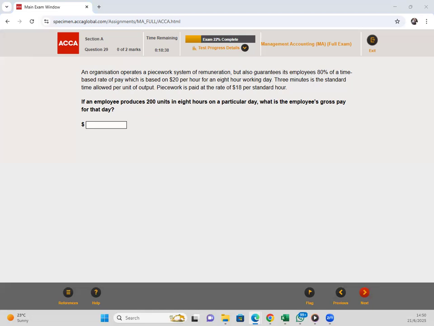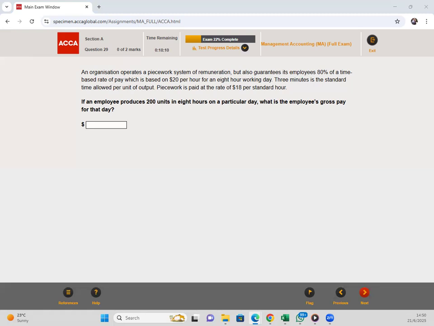So the employee produces 200 units in 8 hours on a particular day. If an employee produces 200 units on a particular day, what is the employee's gross pay?